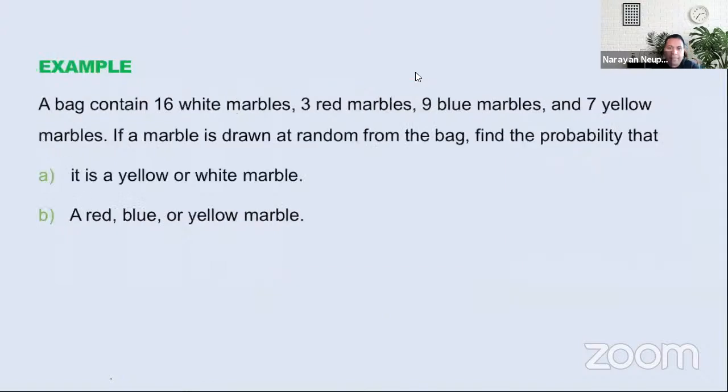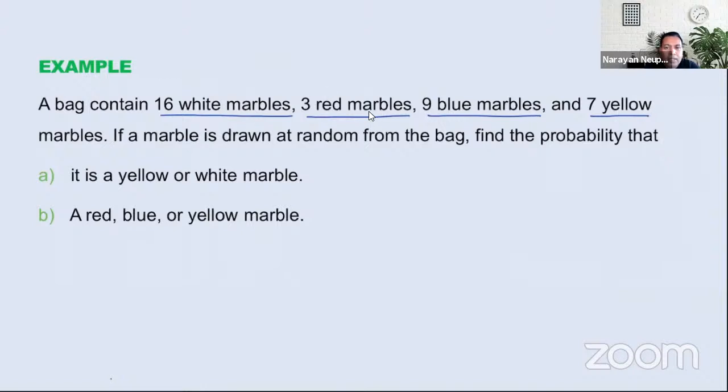So let's take an example. A bag contains 16 white marbles, 3 red marbles, 9 blue marbles, and 7 yellow marbles. So inside the bag, you have 4 different types of marbles.